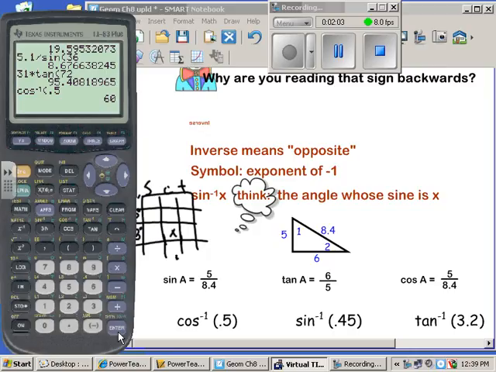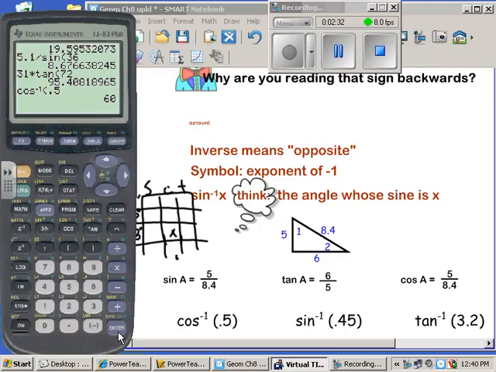All right? What is the angle that has a tangent of 3.2? What angle has a tangent of 3.2? Figure it out. I'm pretty sure it's 72.